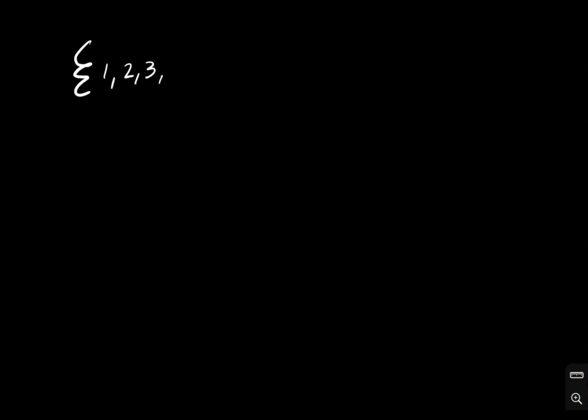We have something in sets called an ellipsis, which is these three dots. You've probably seen this before. This means that it follows a pattern until it reaches a certain value.